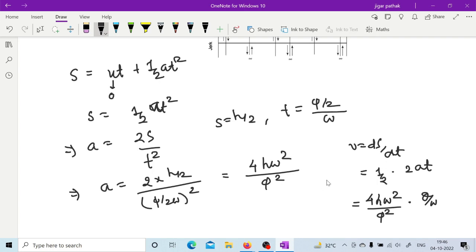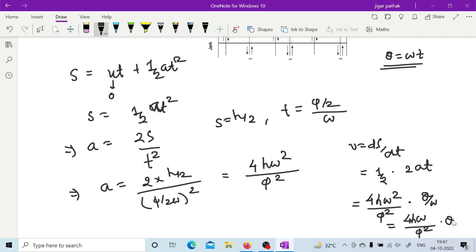In general, we have written that theta is phi by 2 in our case, but for now, from the simple relation theta is equal to omega t, which is a general relation, t is theta upon omega. So if you simplify further, it is 4h omega upon phi square into theta.